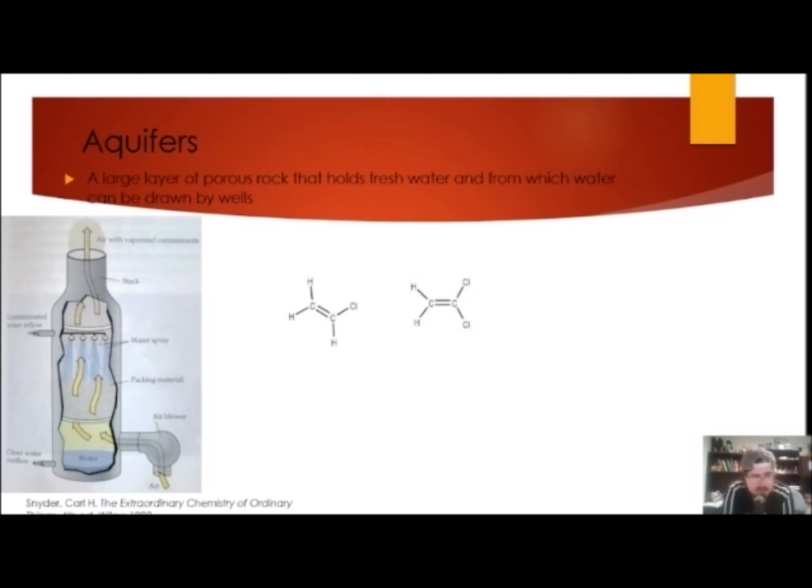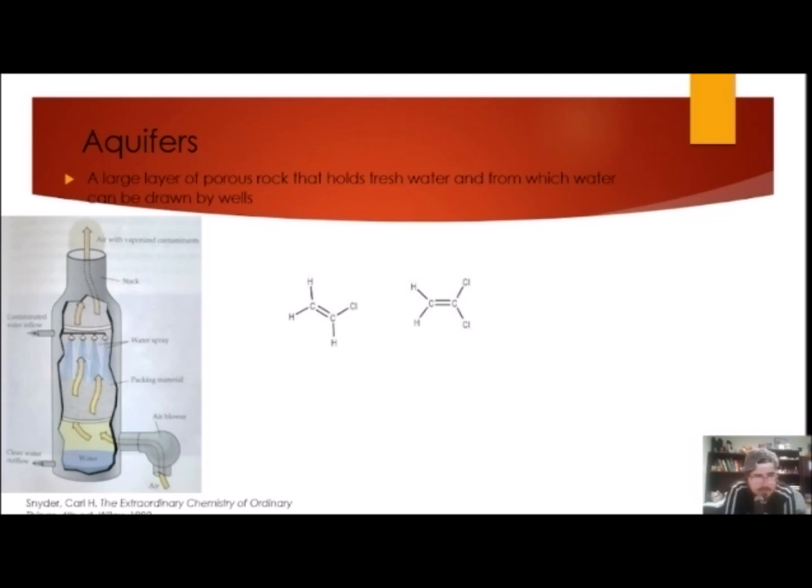One way to clean this is by a process called air stripping. This is kind of an interesting thing. We run the contaminated water in these small little misting sprays, and we use like an air blower, kind of like an air dryer, to blow fresh air through the sprays. Now, the volatile organics, while they're stuck in the water right now, as the air blows on it, it helps them evaporate faster than the water.